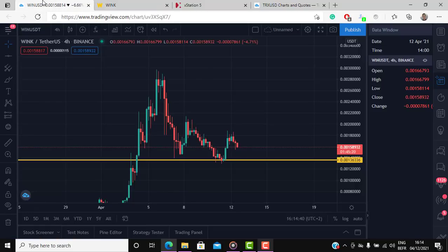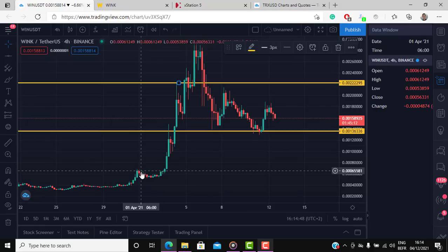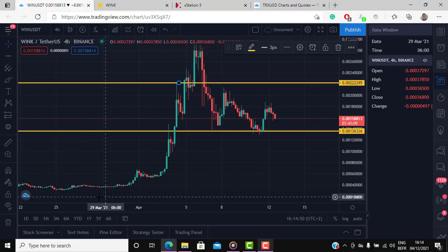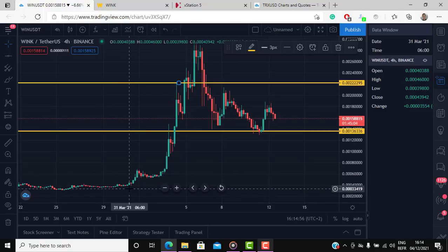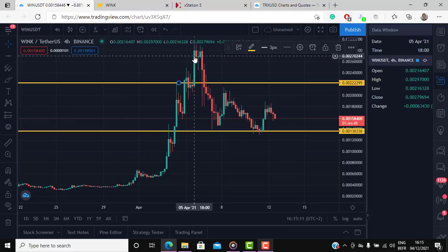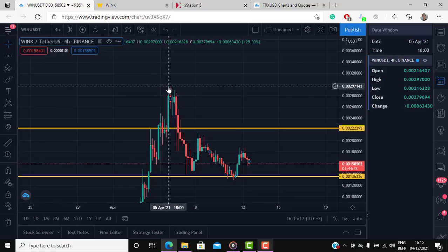Now, moving over to the charts, it's very interesting, the setup that we do have over here. As you can see, at the end of March, beginning of April, the move started in the beginning of April. Since the 1st of April, we had a tremendous move to the upside. We were trading at around 0.0004, so that's 3 zeros and then a 4, and we went all the way here to almost 0.0030.